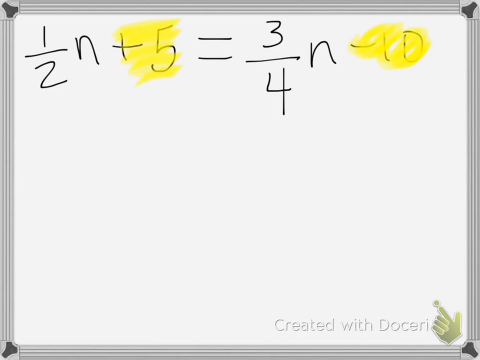How many total cards are in the set? So if we were to solve this equation for n, we would see the number of cards that were in total because we're comparing Luis and Donnie's amount of cards.